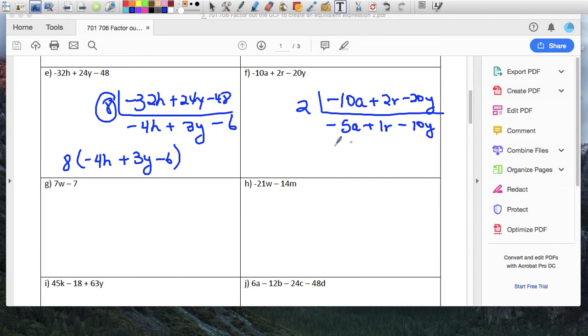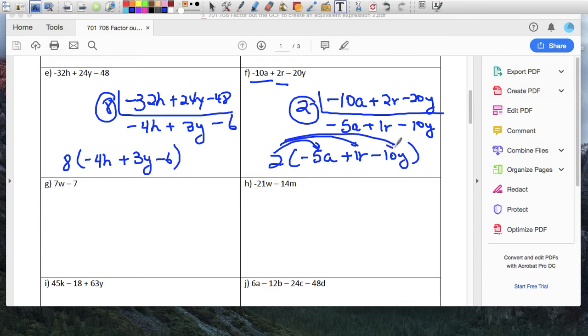We cannot continue, so this is finished. So it's 2 times -5a plus 1r, or just r, minus 10y. So if you check, 2 times 5 is 10, -10. 2 times 1 here is 2, and 2 times 10 is 20. So this is a check.